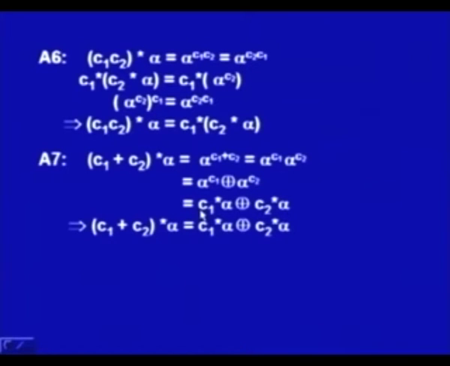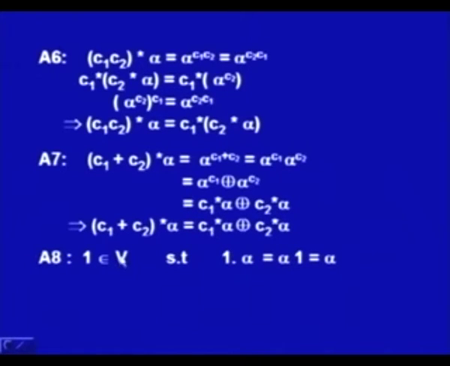This is equal to C1 star alpha plus C2 star alpha, and that proves the result that C1 plus C2 star alpha is equal to C1 star alpha plus C2 star alpha.